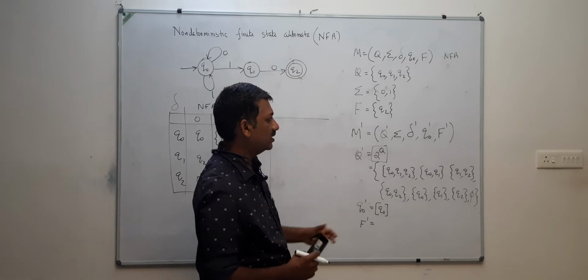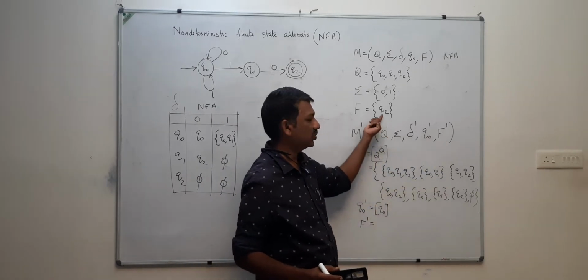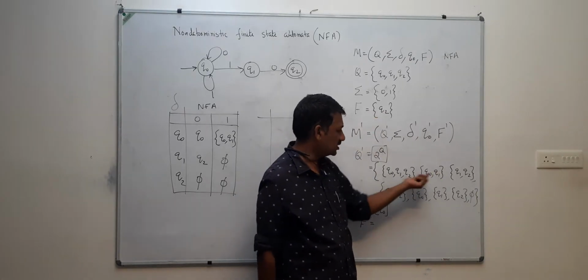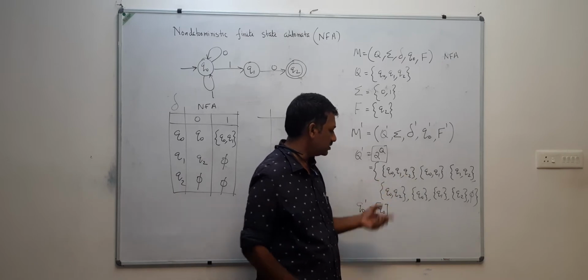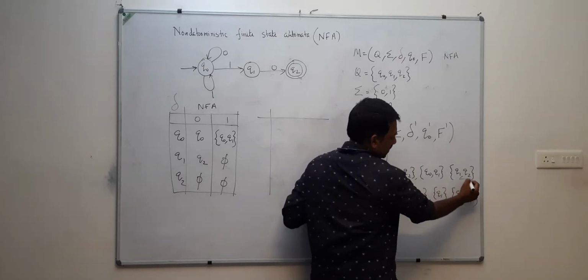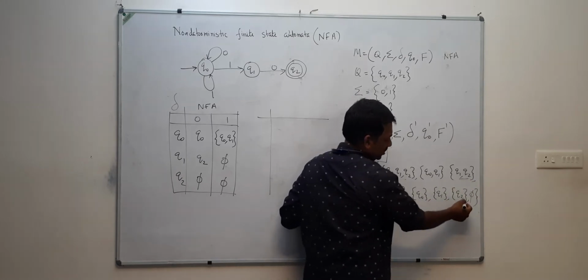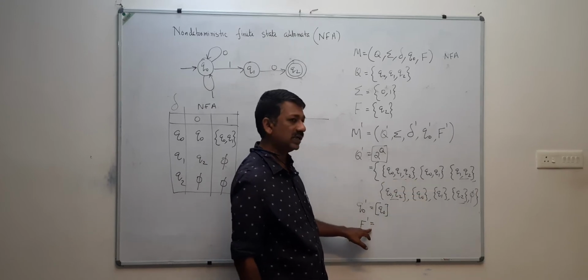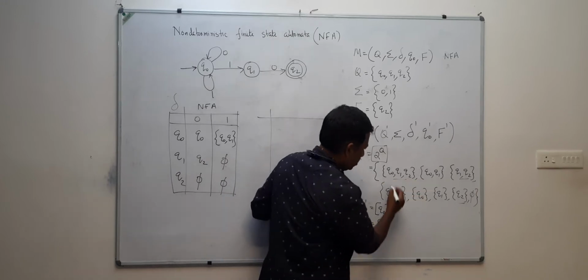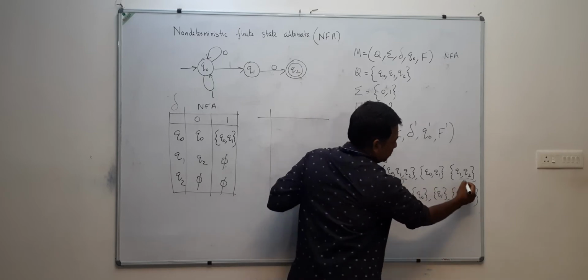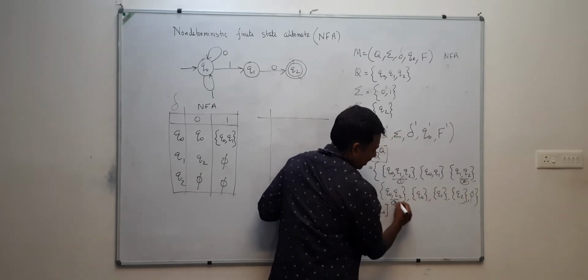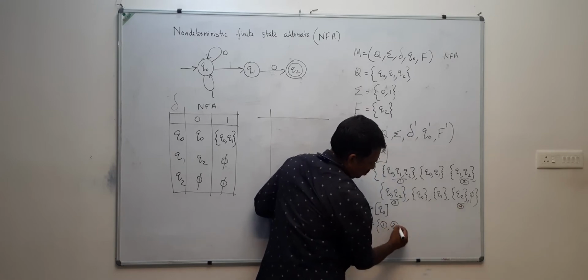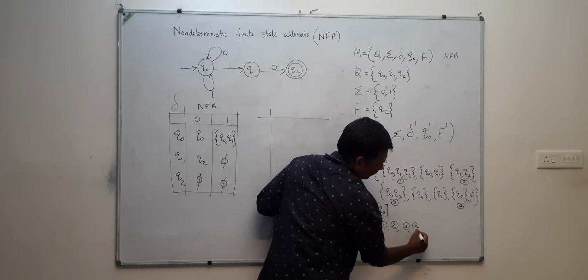The final state in the original set is q2, so in the set of states, wherever there is a q2, that state is a final state. This has q2, this has q2, this has q2, and this also has q2. So this is a set of 4 final states: 1, 2, 3, and 4.